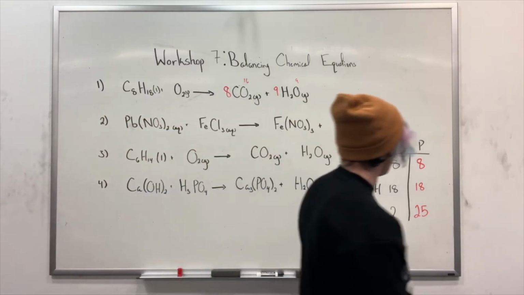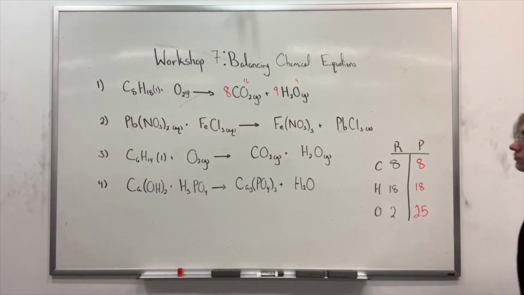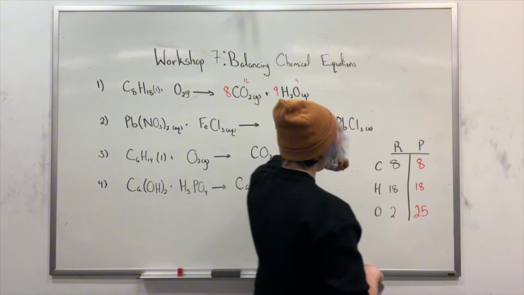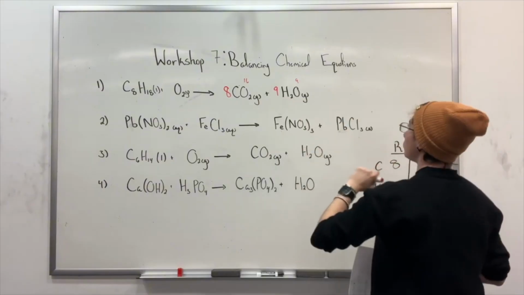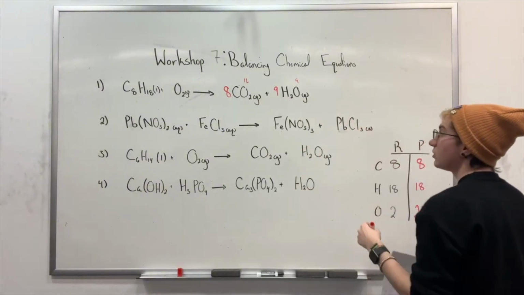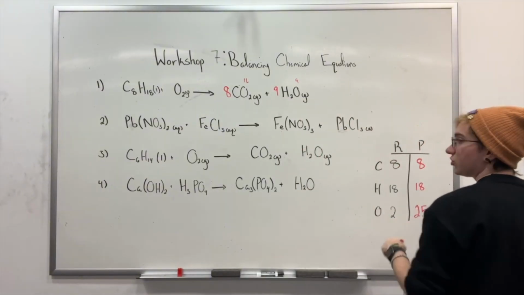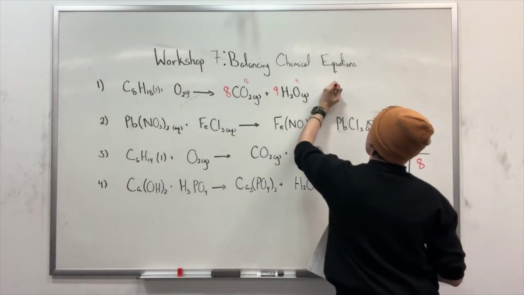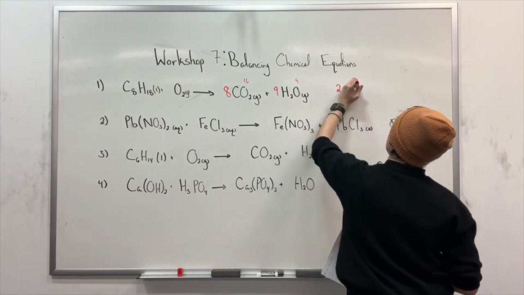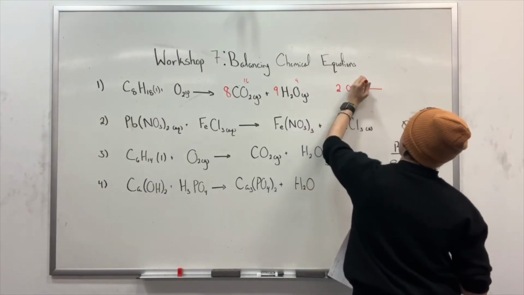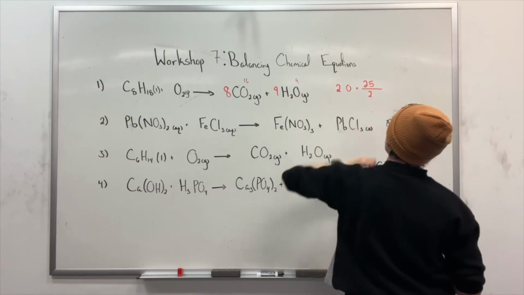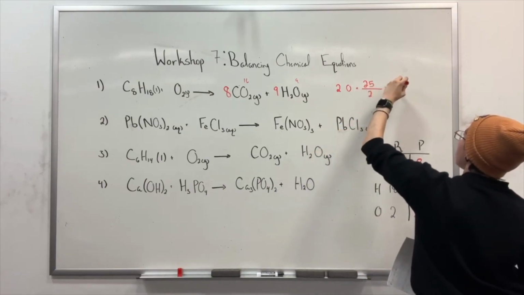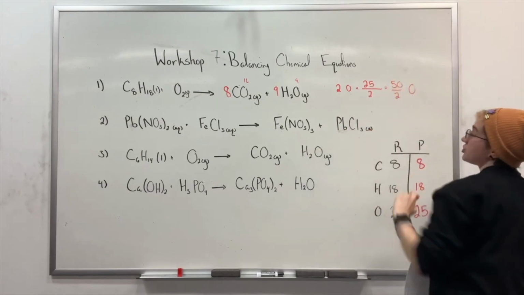We need to bring 2 up to 25, and if we currently have 2 oxygen, we can use a fraction that will cancel out the 2 and leave us with just 25. 2 oxygen times 25 over 2 would give us 50 over 2 oxygen atoms.